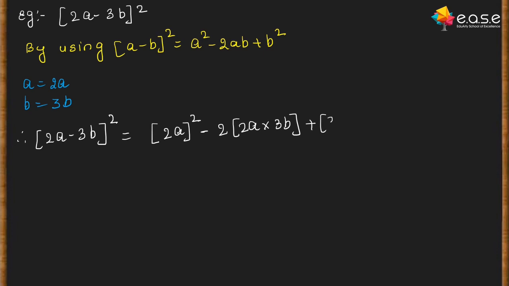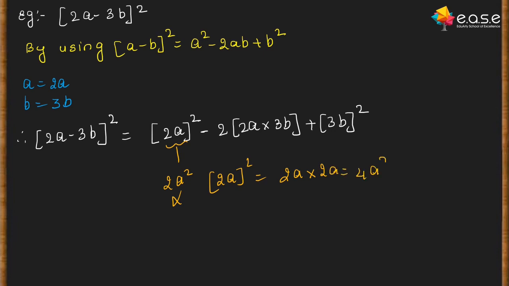I'll tell you guys, most kids make this kind of error. For example, this is 2a square, so they will write 2a square. Actually it is not like this, this is wrong. You have to write 2a the whole square, which means it is 2a times 2a. So this actually has to be 4a square, but a very common mistake kids make is they write 2a square.